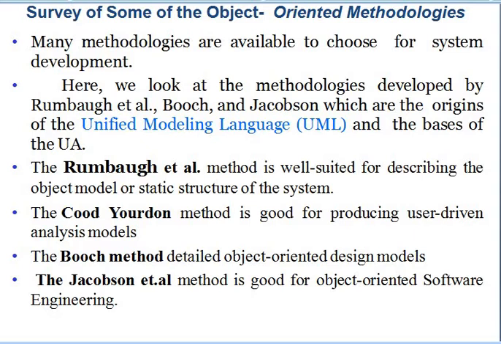As we know, the Rumbaugh method is well suited for the object model or static structure of the system. The Booch method is good for user-driven analysis models, the Booch method details the object-oriented design models, and the Jacobson method is good for object-oriented software engineering.